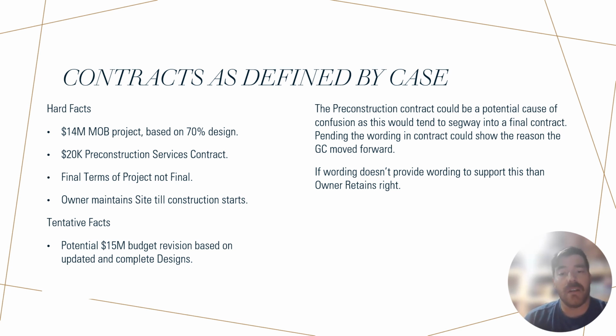Pending the wording in the contract could show the reason the GC moved forward. If the wording doesn't provide support for this, then the owner retains rights, right? And this is where the implied stuff we're going to dig into is based upon that pre-construction contract. Generally, once that is complete, that segues into the final contract.